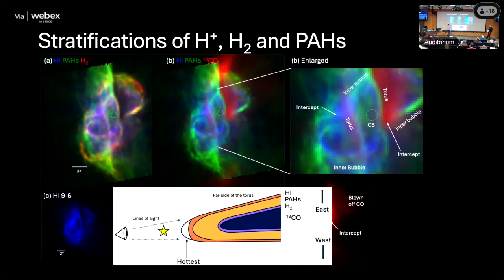Thank you so much for that talk. I'm wondering how much you think the in situ ISM could be contaminating some of what you're observing here, specifically the PAHs, since it wasn't oxygen rich. PAH is a bit hard to tell, but because it's so close to the bipolar center, we believe the majority of them are coming from the planetary nebula.